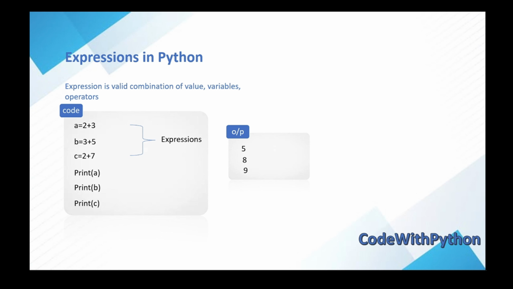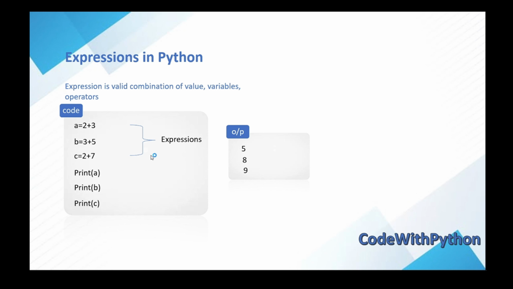So let's go. Here we are going to learn about expressions in Python. An expression is nothing but a valid combination of values, variables and operators. Values you know, variables you also know, operators you know.